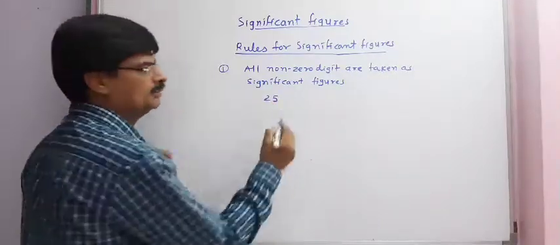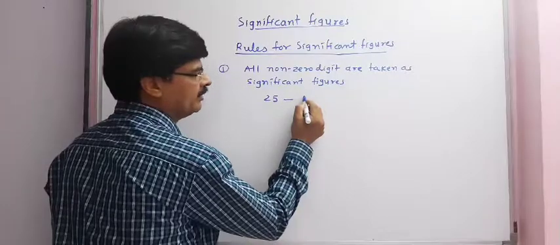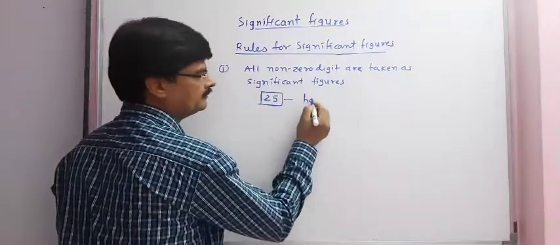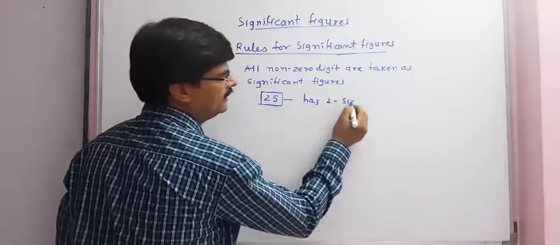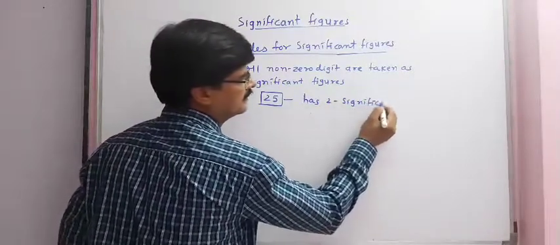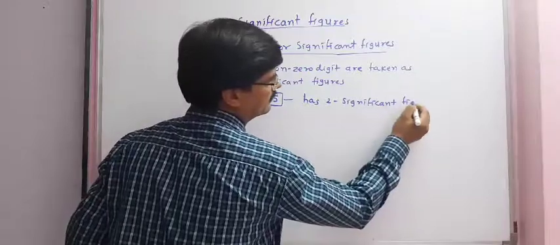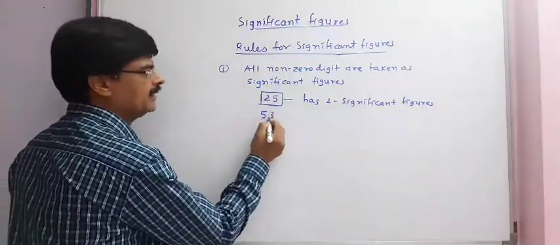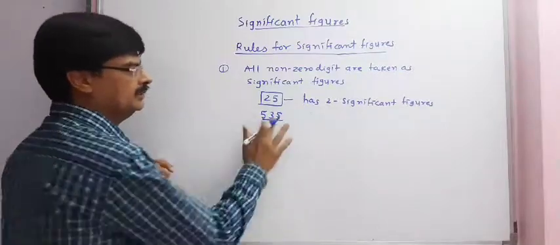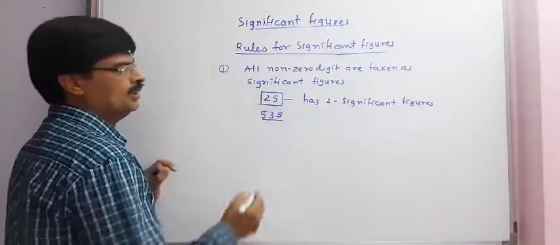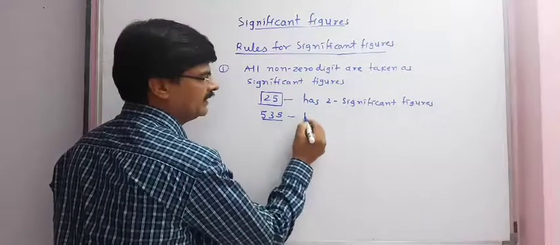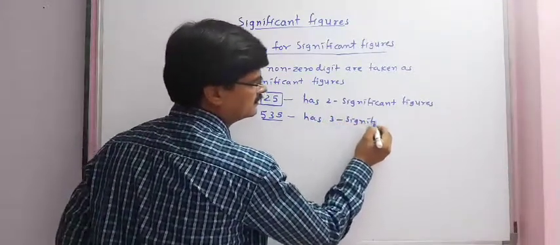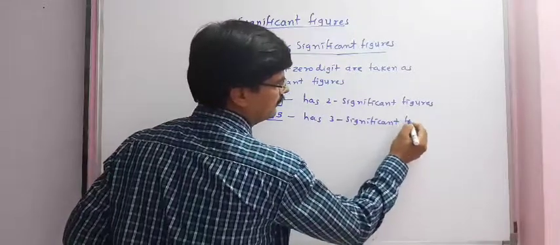Here 2 and 5 both are significant. That is why we can say that the number 25 has two significant figures. In 535, 5, 3 and 5 are all significant, so we can say it has three significant figures.